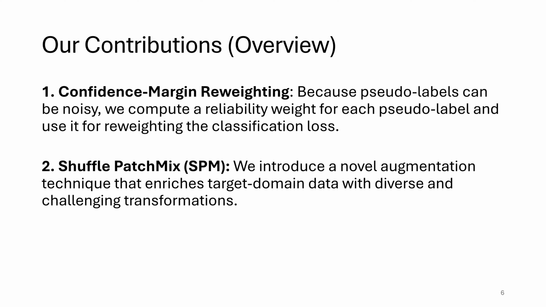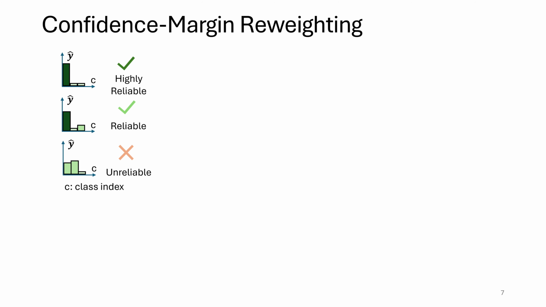Second, our contribution is Shuffle Patch Mix, a novel intra-image patch mixing strategy that creates diverse and challenging transformations by shuffling and blending patches within the same image. This significantly enriches the target domain data and improves model robustness during adaptation.